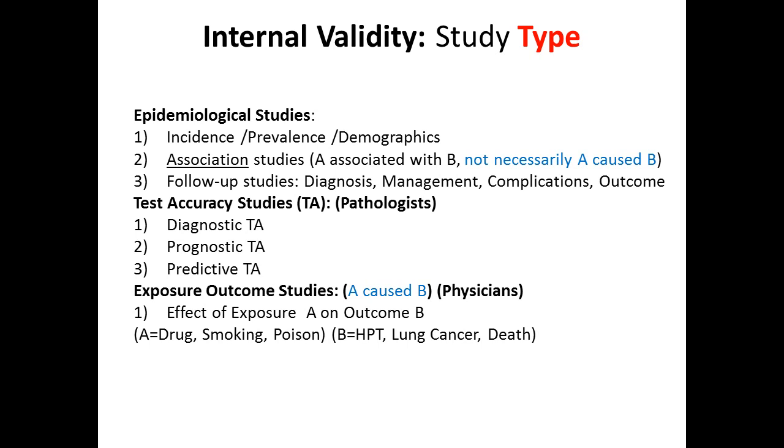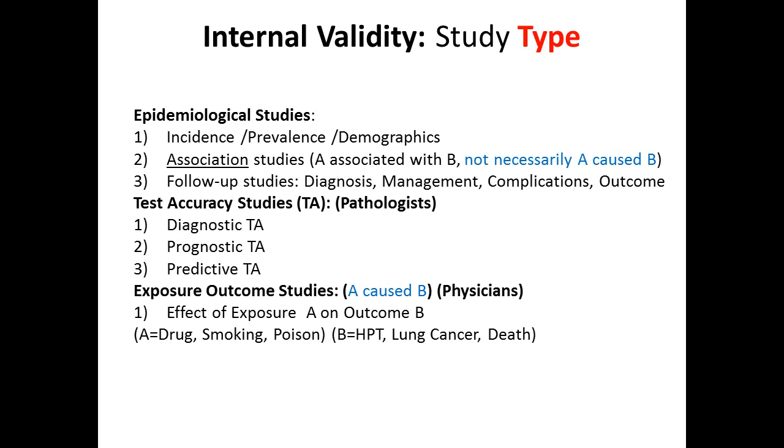Then you have got the battery of test accuracy studies, and pathologists must be familiar with this. You have got the diagnostic test accuracy. That's basically how well does this test pick out a diagnosis. Then you have got the prognostic test accuracy, where it's basically how well does this test prognosticate, and the predictive test accuracy, whereby it's usually how well does this test pick up those patients who will benefit or not benefit from a particular drug.